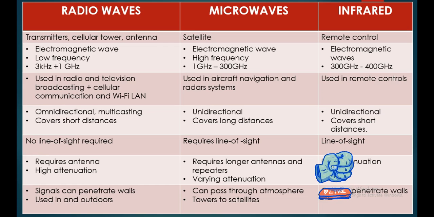Multicasting, yes, which means that as I mentioned, signals are just broadcasted, and once you have an antenna, once you have a receiver, you're able to pick up signals. This covers signals over short distances.